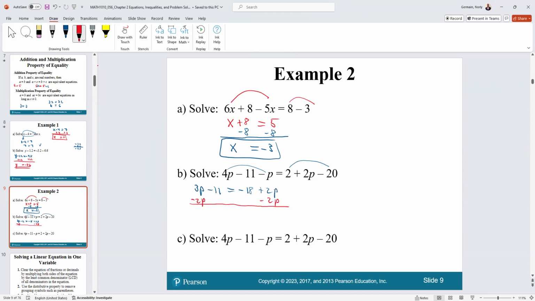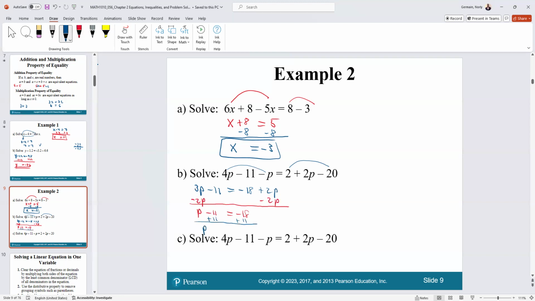So 3p minus 2p gives me only p. I keep my 11 equals negative 18. 2p minus 2p gives me 0. Now we need to have only p on the left. What should we do here? Yeah, we add 11. So add 11 to both sides.